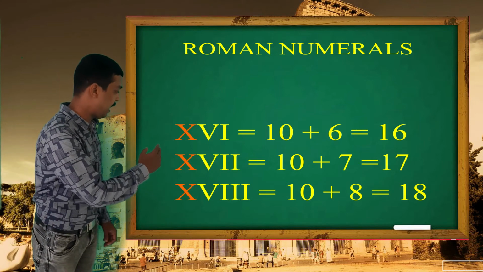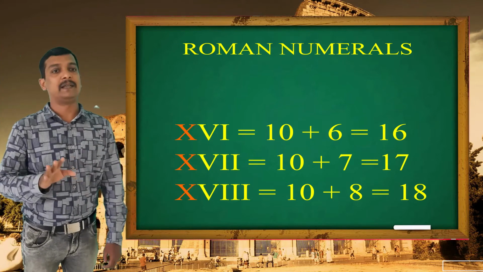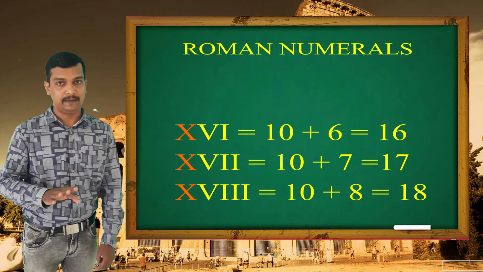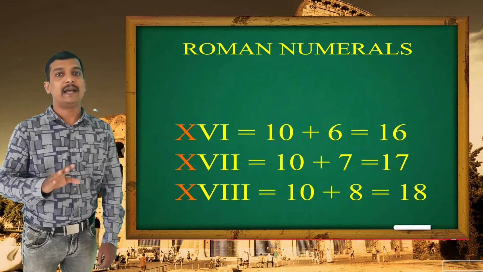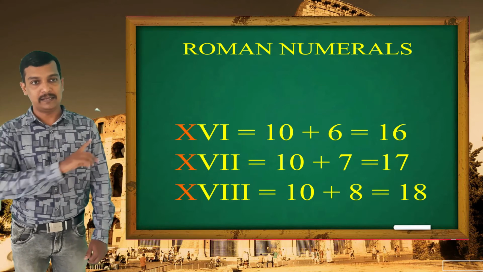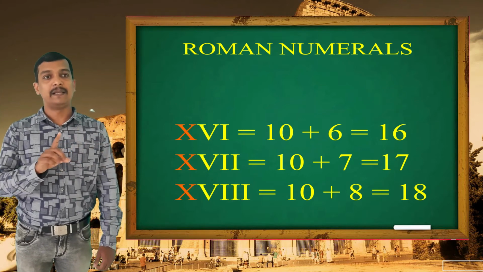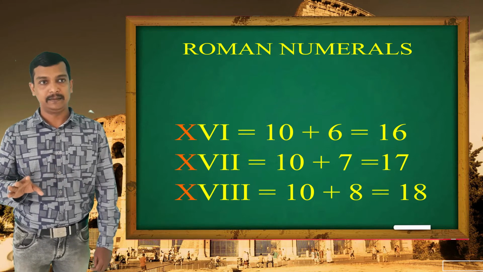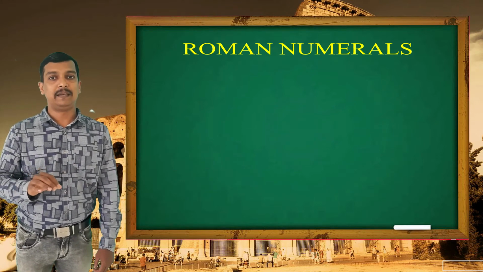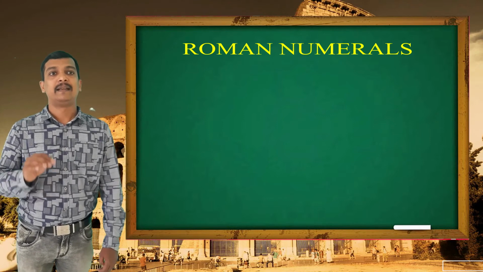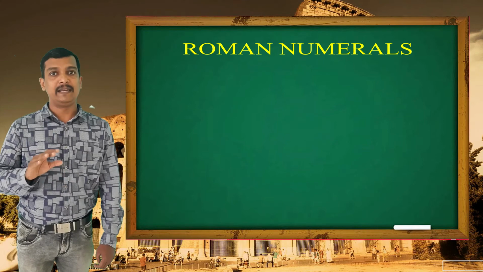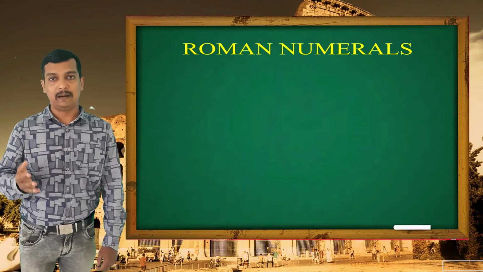XVII means 10 plus 5 plus 2 or 10 plus 7 is equal to 17. XVIII, you can see on the screen, 10 plus 5 plus 3 or 10 plus 8, it will become 18. So that is rule number 3. When we write any letter to the right of a bigger symbol, it will be added to the bigger number.